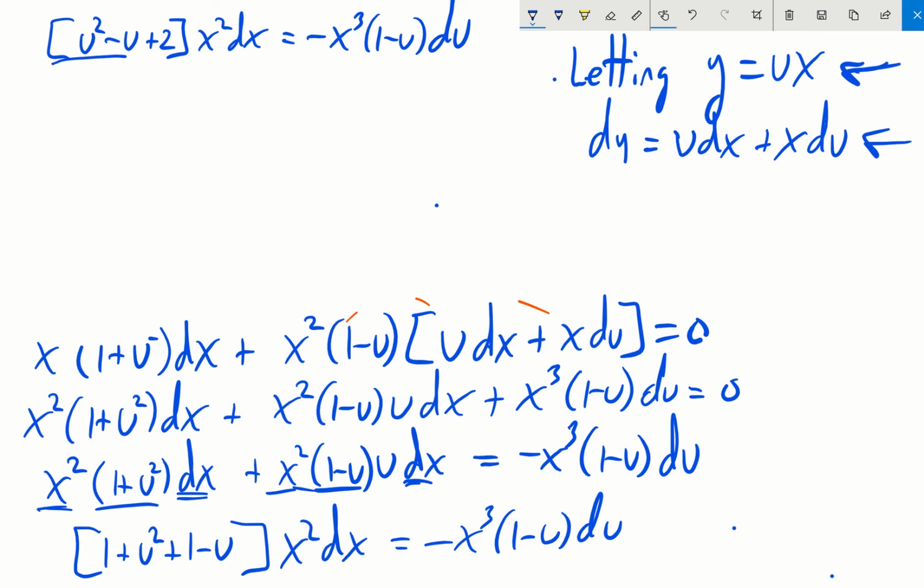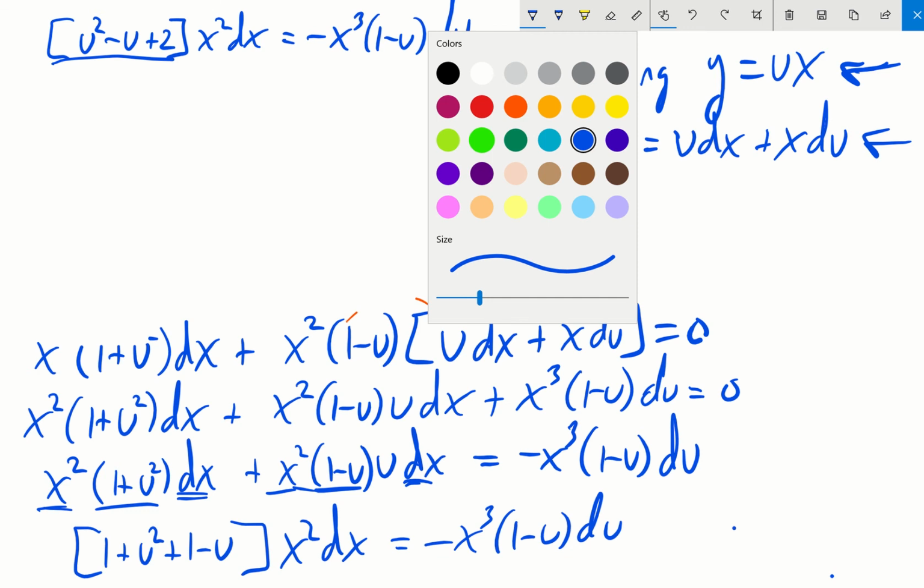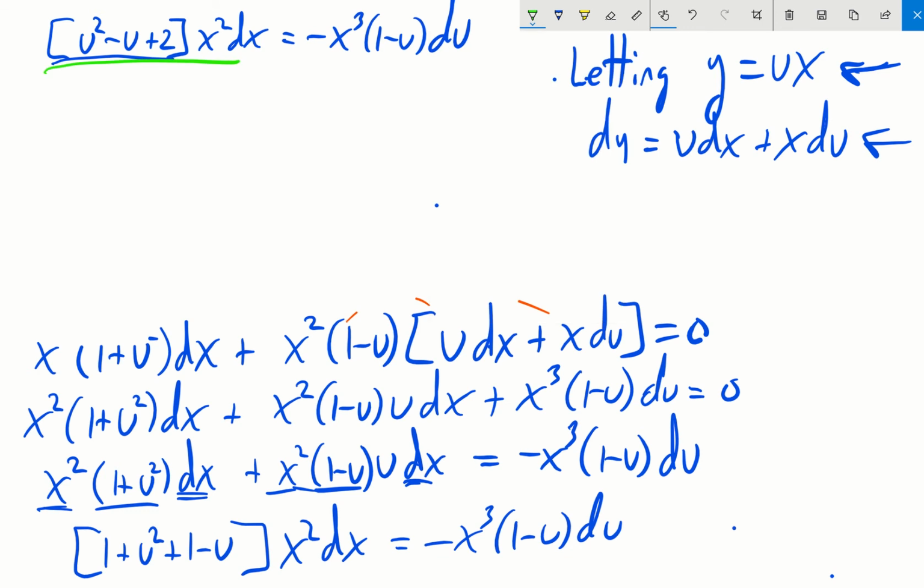And now let's separate our variables. I can divide both sides by the following. I want just x on this side, which means I want to divide by that u squared minus u plus 2. I'm going to get rid of that, so I'm going to divide that on both sides.